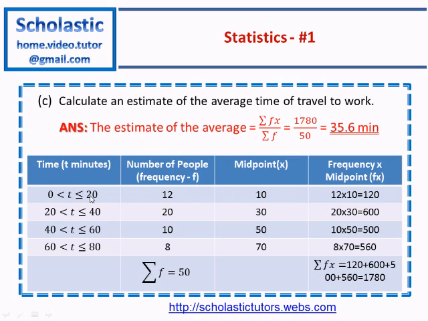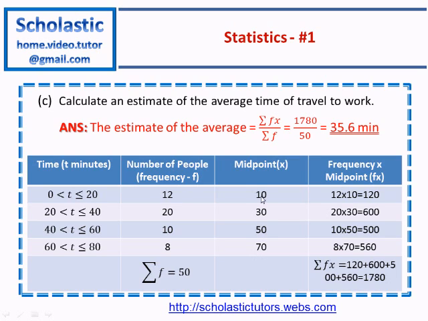Add 20 and 40, divide by 2, that's 30. Add 40 and 60, 100, divide by 2, 50. 60 plus 80, 140, divide by 2 is 70.